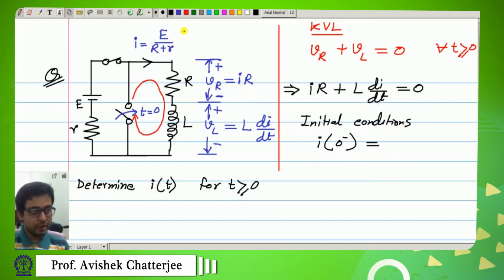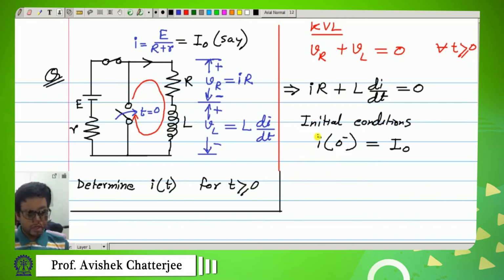Let me call it I0, some constant value. So this initial condition is given. This differential equation is derived from the KVL applied to this circuit, and we have to find I for all time greater than or equal to 0.